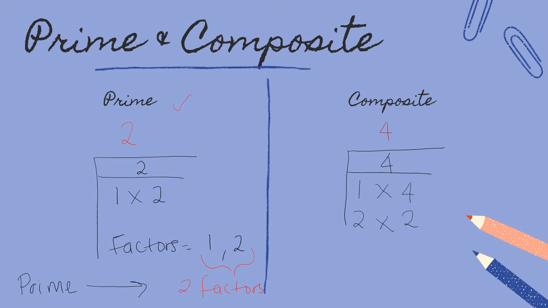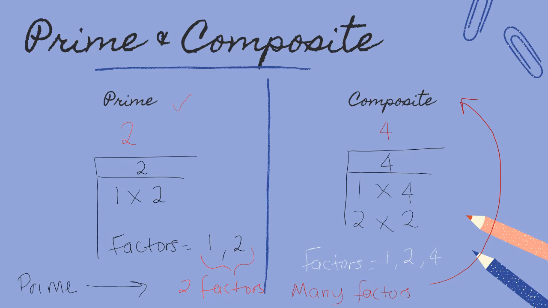So the factors of 4 are 1, 2, and 4. So there are 3 factors. 1, 2, 3. Many factors. So when we have many factors, we call it composite.